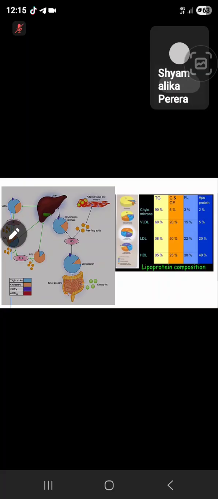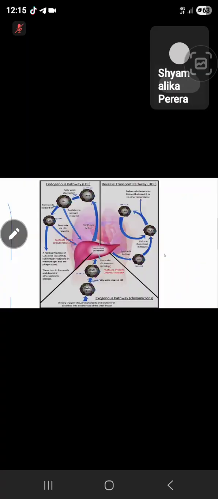It's one kind of way of separating. And if you use the electrophoresis method, you can use these protein levels to separate this cholesterol or the lipoprotein from your blood. So this is also a diagram indicating endogenous pathway, exogenous pathway, and reverse cholesterol pathway.